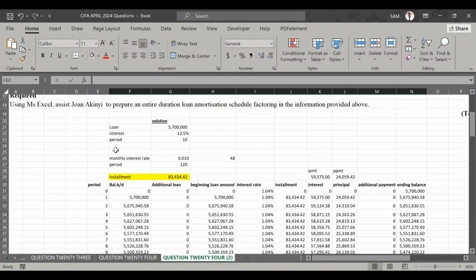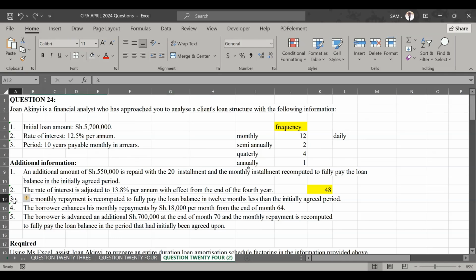Let us look at note 3, which is telling us to recompute. Note 3 is telling us the monthly repayment is recomputed to fully pay the loan balance in 12 months less than the initially agreed period. That is a very catchy word there. 12 months less than the initially agreed what? Initially agreed period. Now, that is the catch.